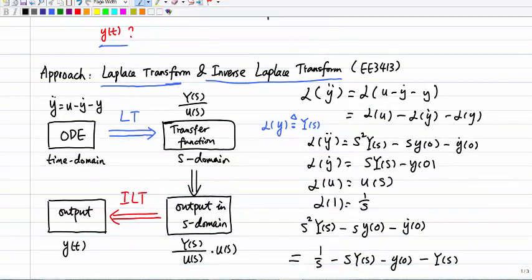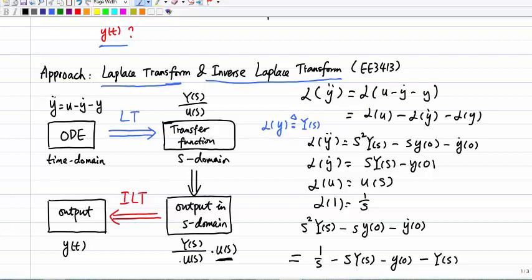Once we transfer to the S domain, we don't have derivatives anymore. We just have products, plus and minus, which we know how to solve relatively easily. Once we have that, we can find the output in the S domain by first computing the transfer function and multiplying it by my input. The input also has to be converted into the S domain.